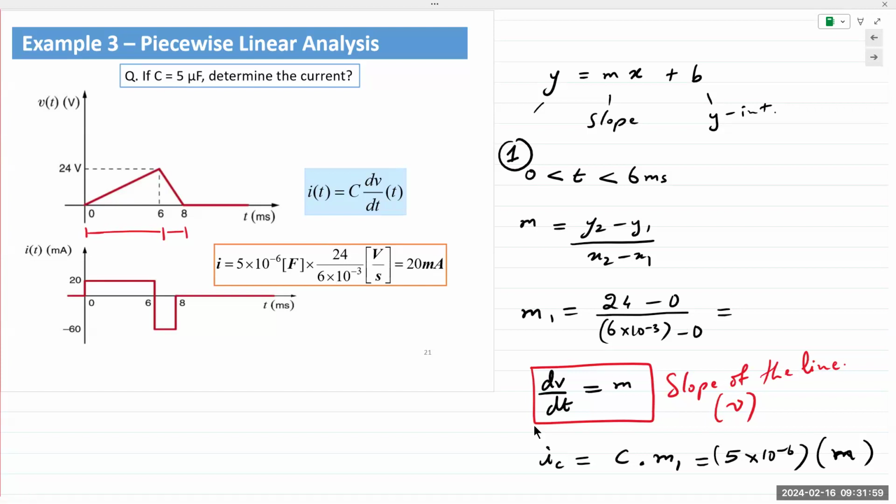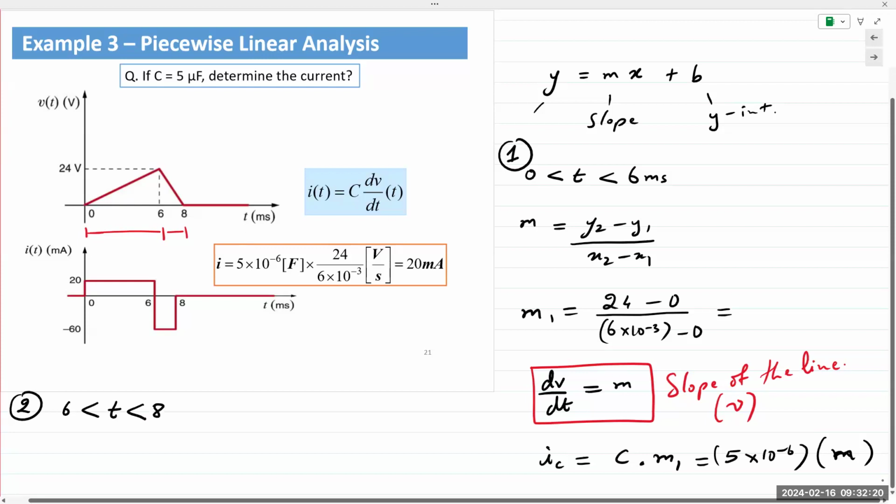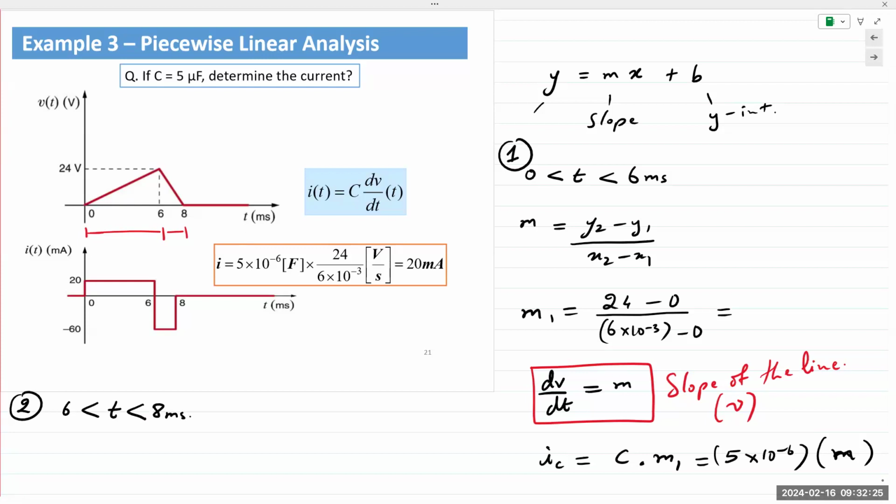Is the first time period clear on how to obtain the capacitor current? Okay. Second time period. Let's call it 2. And this would be between 6 and 8 milliseconds.